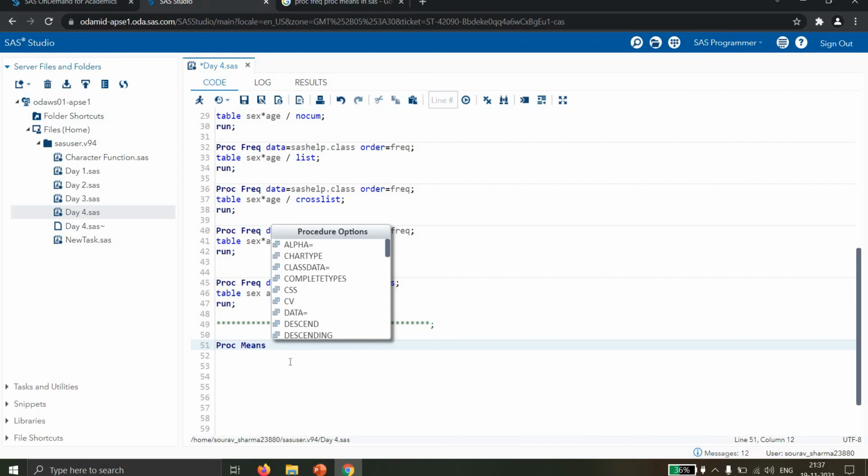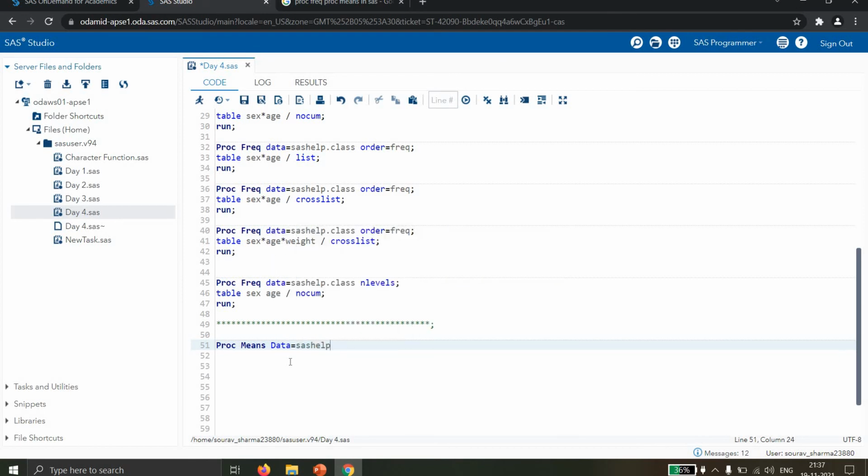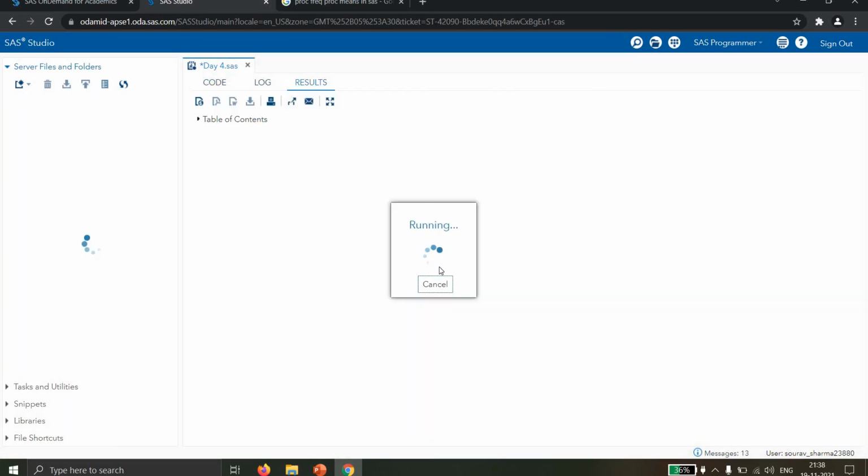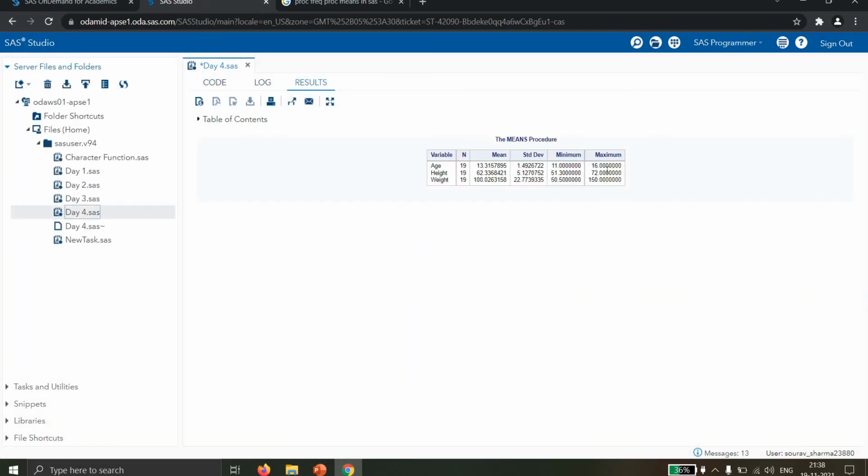Proc means gives statistics by default. It gives how many observations are available in your data, and the maximum and the minimum of your data. It gives all of these.